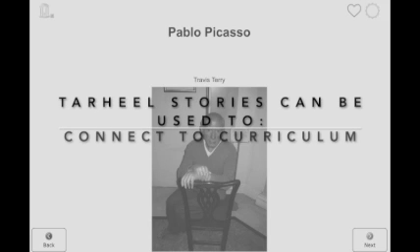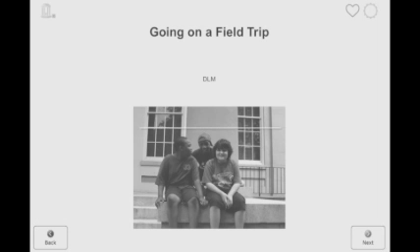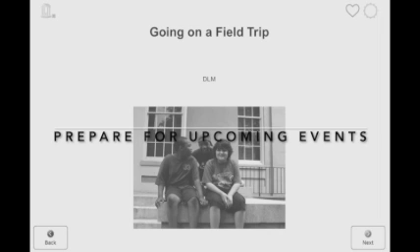Tarheel Reader is a great resource for connecting your students' literacy to the classroom curriculum. You can connect to science, social studies, English, or even art classes, like a story where you learn about Pablo Picasso. You can also use Tarheel to prepare students for upcoming events like field trips.